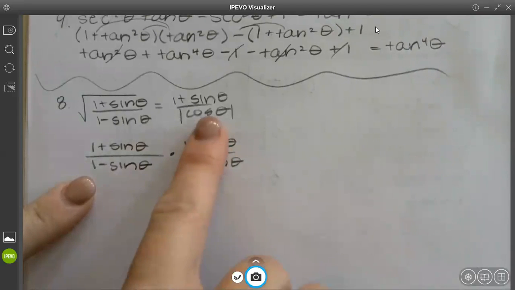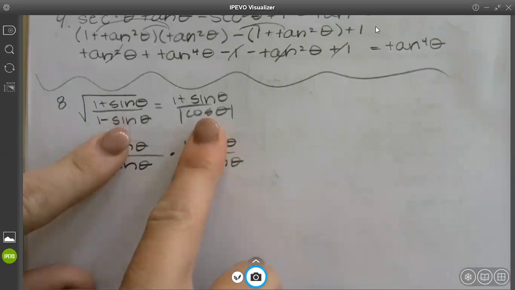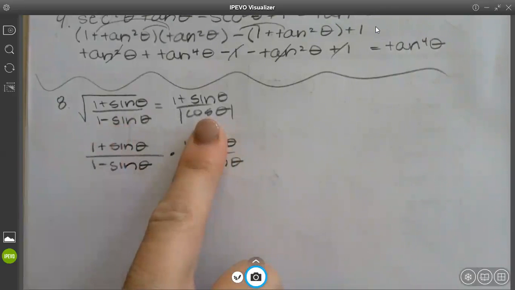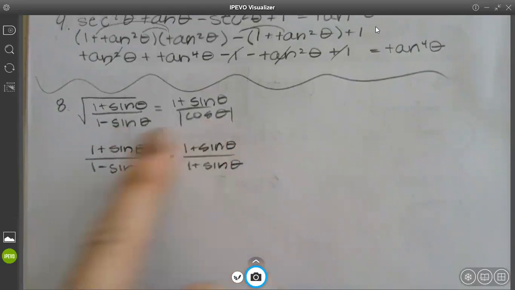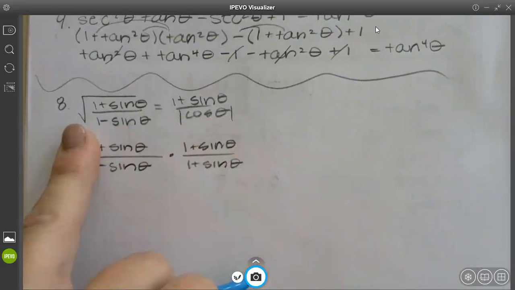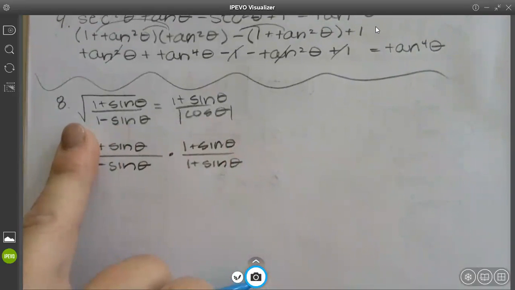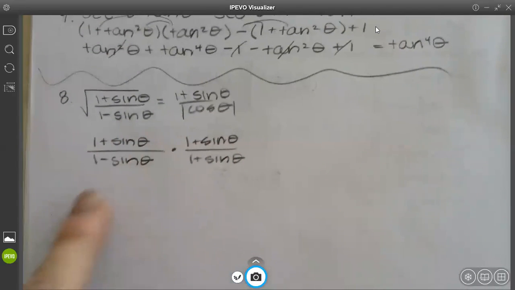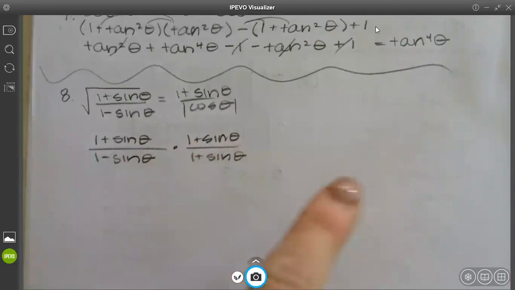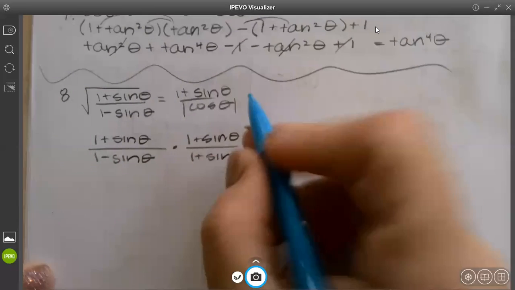So how can I get cosine from sine? Square it, right? So if I multiply them together, 1 squared minus sine squared, there's my Pythagorean identity.